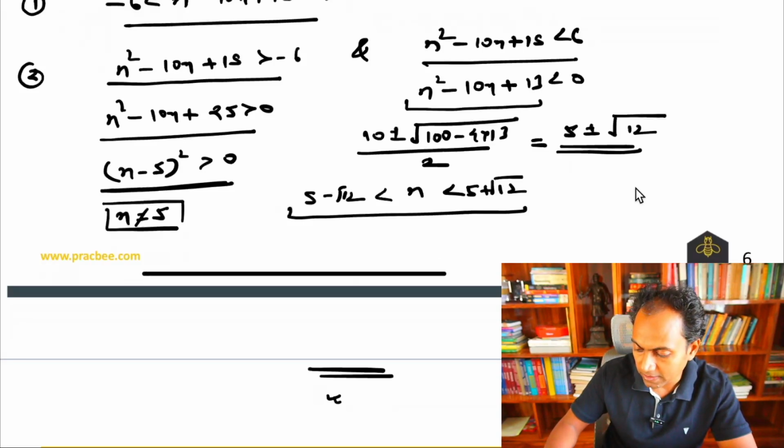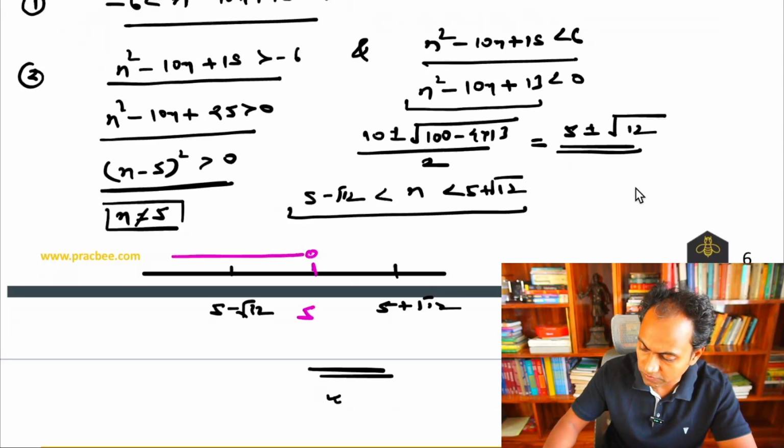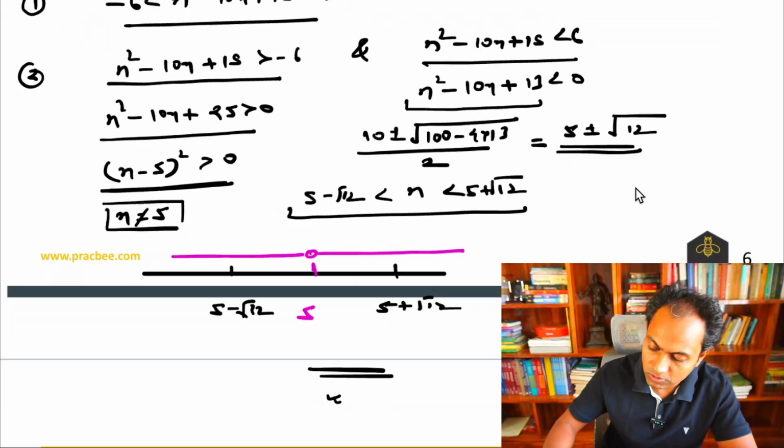Let us draw it on the number line. So we have 5 minus root 12, and there is 5 plus root 12 on the other side. Now you can see that 5 is going to be in between. We can't have this value because the first part has excluded it, others are fine. From the second part, the answer needs to be between these two values. So what are the common solutions that are possible?